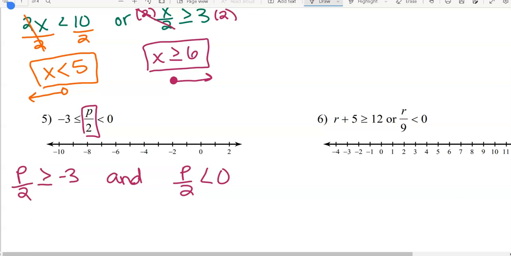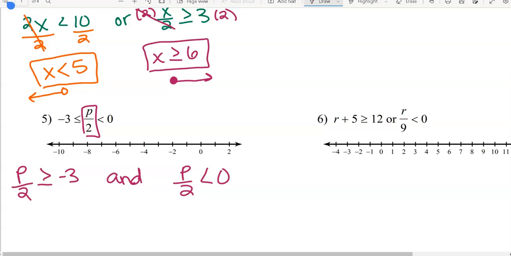I flipped their order. I want my variable to be first. So if I flip the order, I need to flip my sign. And then my last 2, I didn't change anything. It's just still p over 2 is less than 0. Okay? Look at the symbols. They're kind of pointing at each other, aren't they? So that should make sense. They should overlap each other.